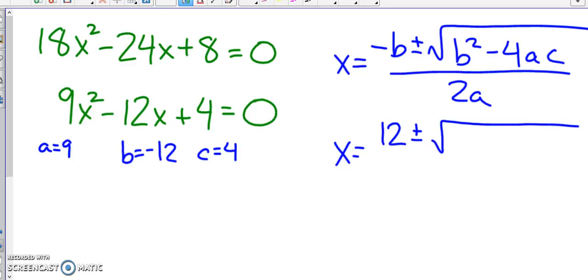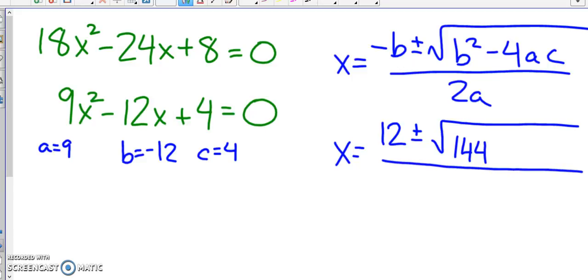Now, technically speaking, here you would be squaring negative 12, but I never write that there, and here's why. Whether that number b is positive or negative, when you square it, you're going to get a positive value. So you can just treat it as a positive 12. 12 squared is 144. Because if you're not careful, when you type that into a calculator, you'll get negative 144 if you don't type it in right, and then that throws everything else off.